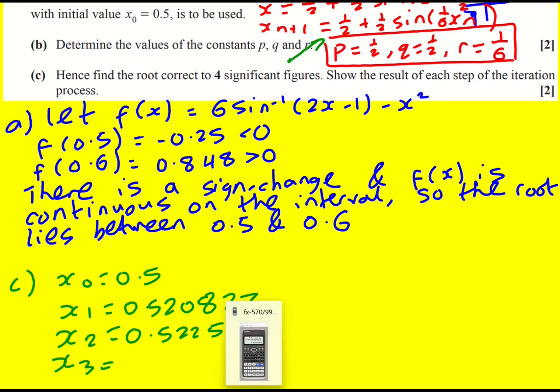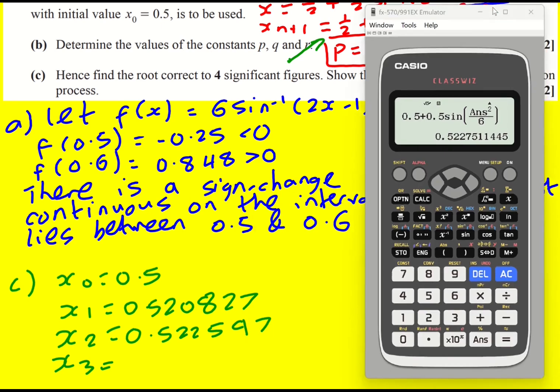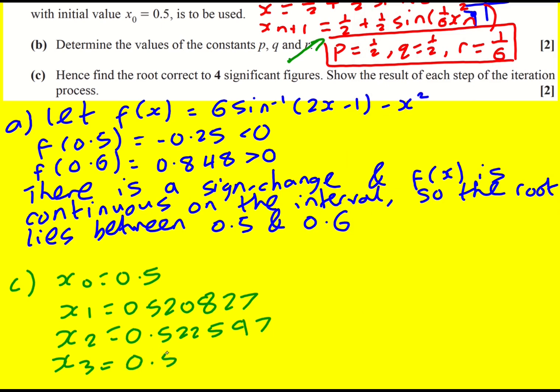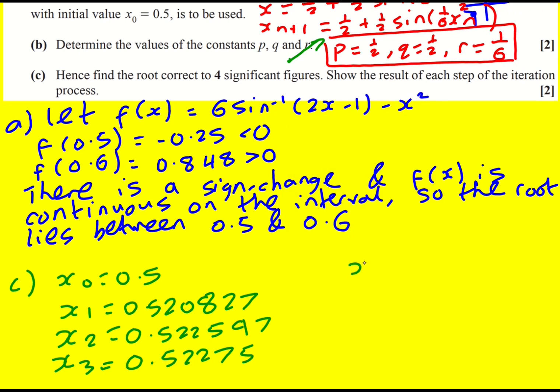It's not quite staying the same to 4 significant figures. Next one, only a small change now, 0.5227. I think there was a 5 after that. Actually, I only need to write it down to 5, I think, and then 0.52276.